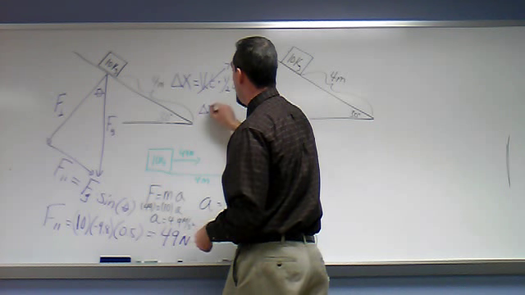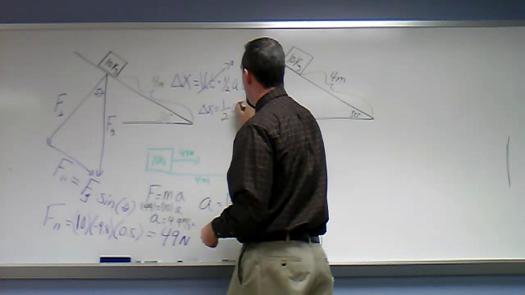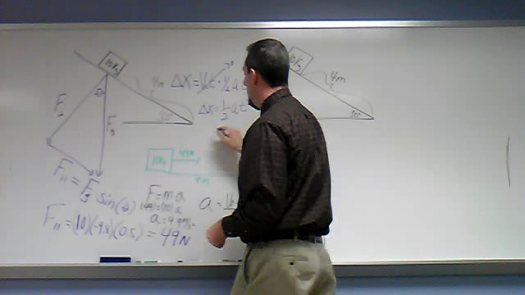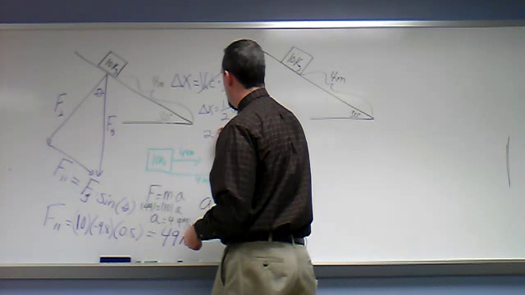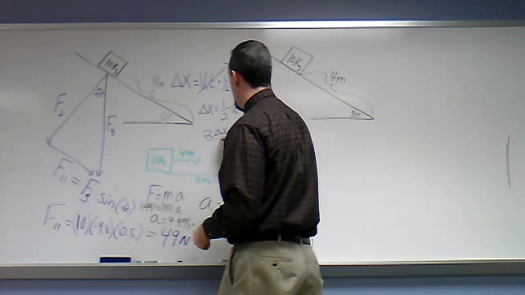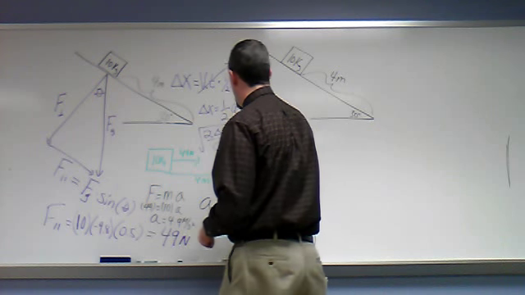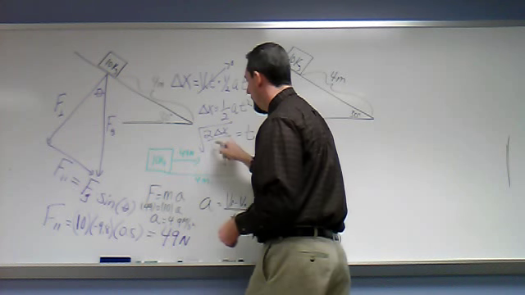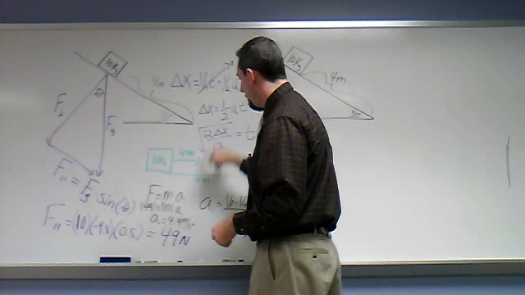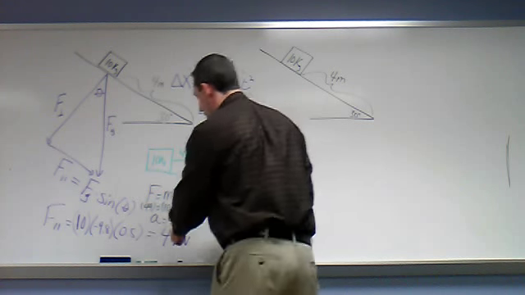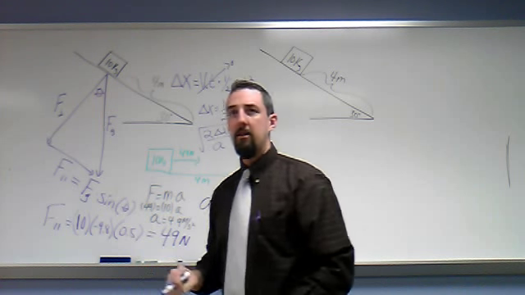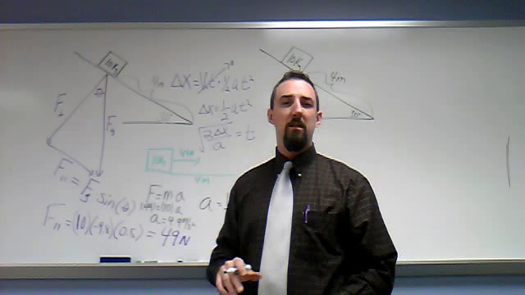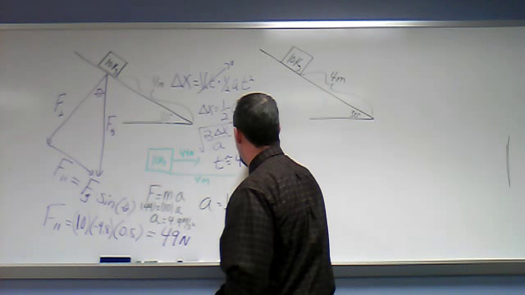So you get delta x equals 1/2 AT squared, which means 2 delta x over a, and the whole square root of that equals t. So delta x is 4, so that's 8, divided by 4.9. So I'm going to be somewhere around 16, a little bit higher than that. Square root of that is about 4 seconds, so time is about 4 seconds.